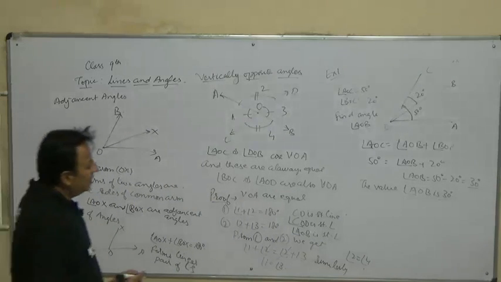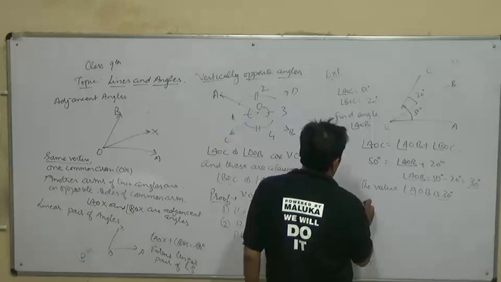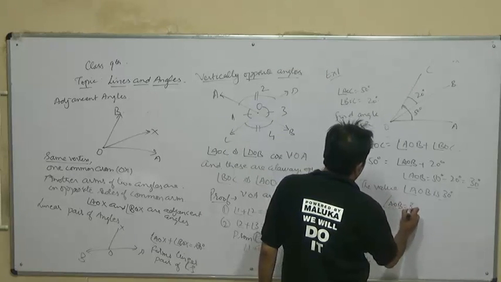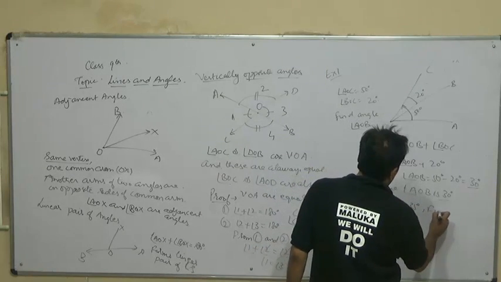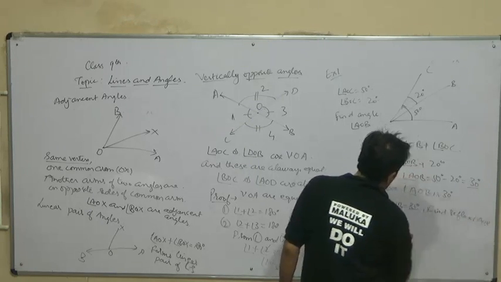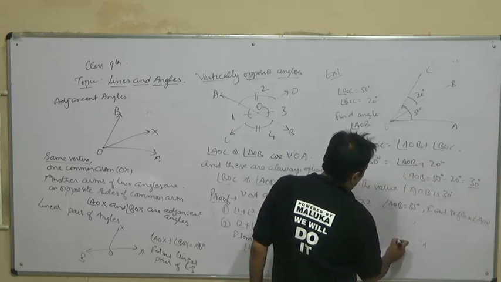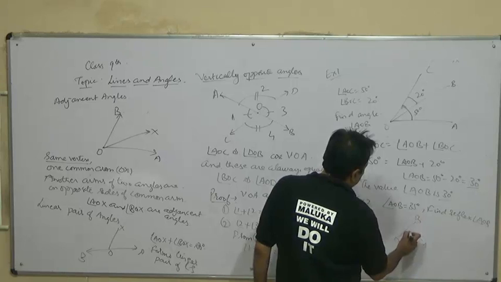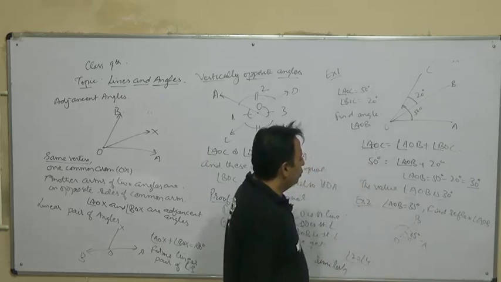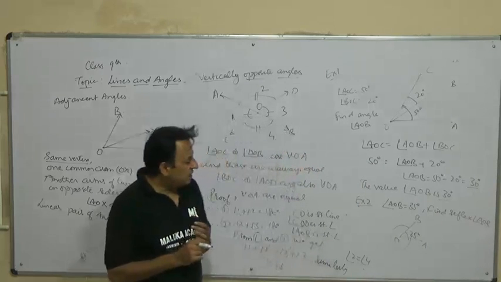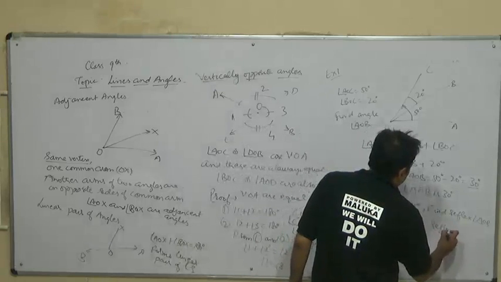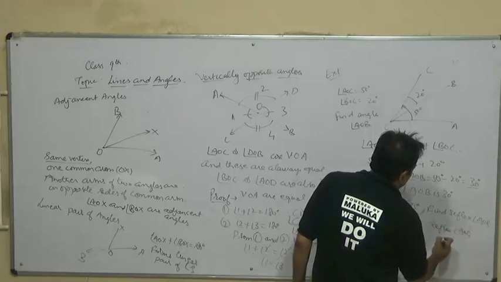Then we are given angle AOB as 35 degrees. Find the reflex angle AOB. You want to find the reflex of angle AOB, and it is very easy.